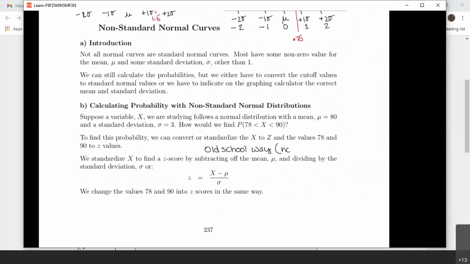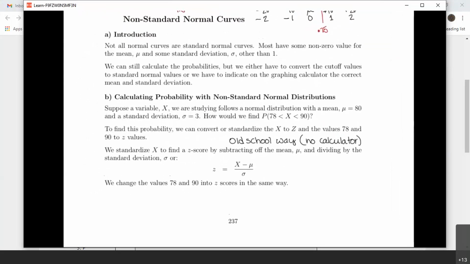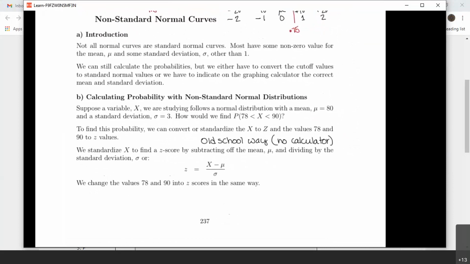No calculator. Basically, what that meant was you'd convert your scores to a standard z-score, and then you'd look up the probability in a table. You didn't need a calculator. So that's how they do it here. They say, suppose we want to find the probability that our given x value is between 78 and 90 in a distribution that has a mean of 80 and a standard deviation of 3.